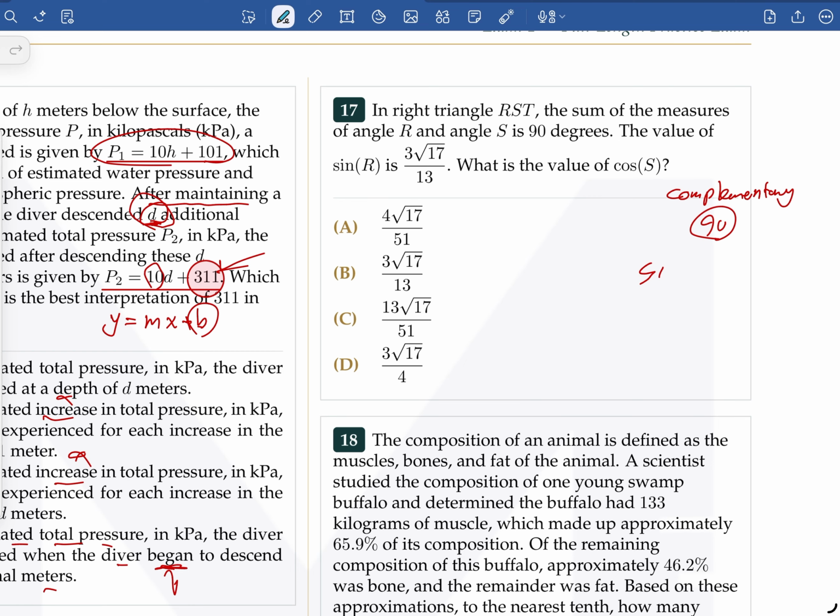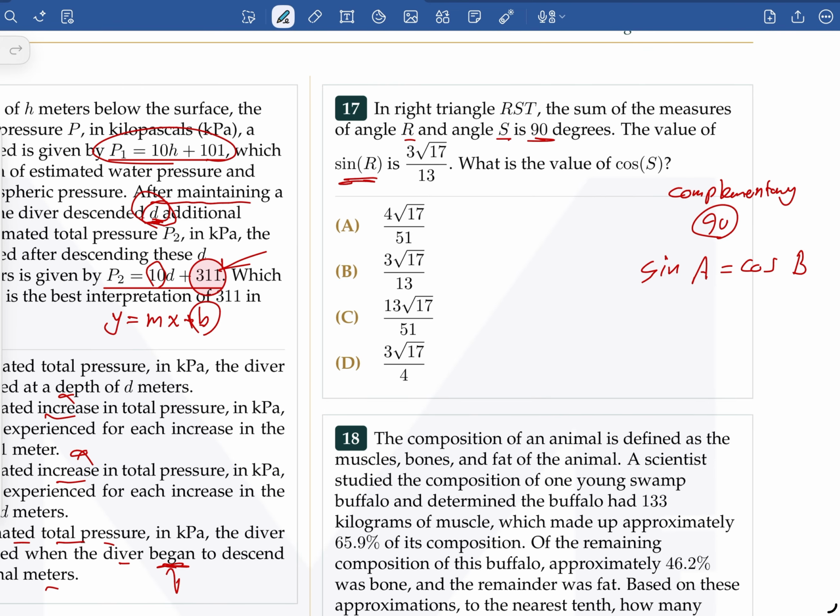This means sine of one of them is equal to cosine of the other one. This is a very important rule to use here. So the total of R and S is 90, which means they are complementary. The value of sine of one of them is this number, so the cosine of the other letter is the same number. So the answer must be 3 square root 17 over 13, which is the same number, letter B.